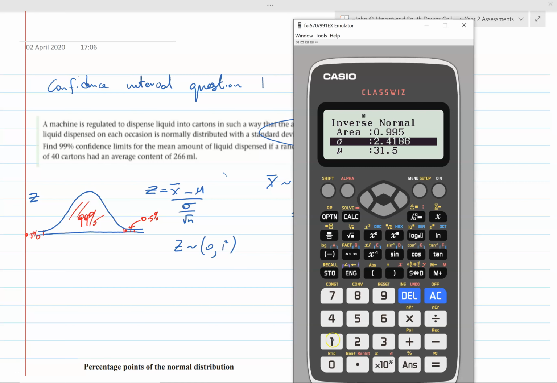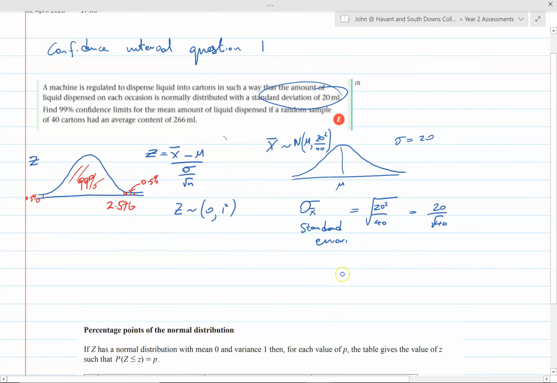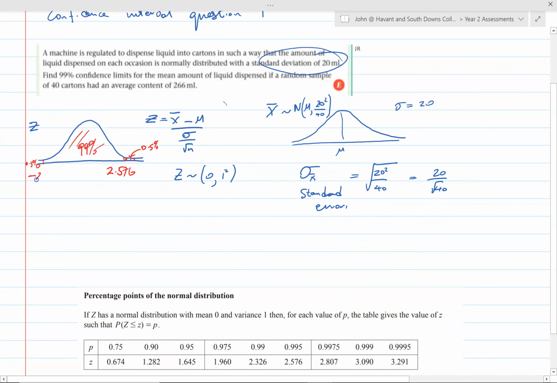The standard deviation is 1 and the mean is 0. That gives us the value 2.576. And therefore this one is minus 2.576.